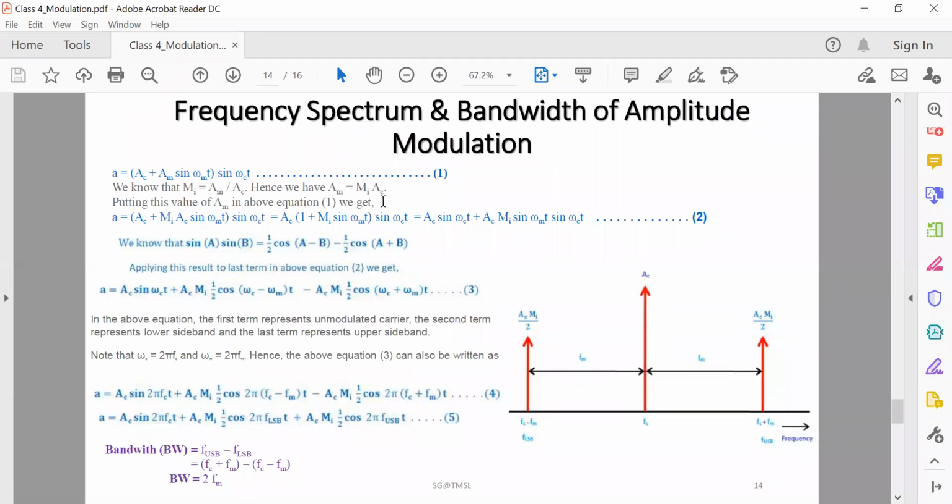So putting this value into this equation, we can get this one.